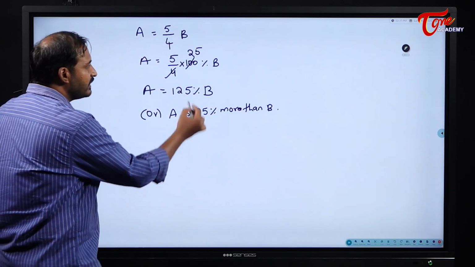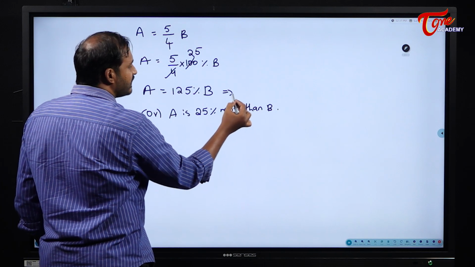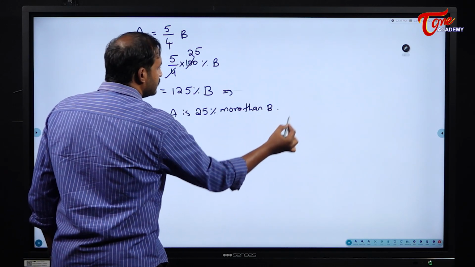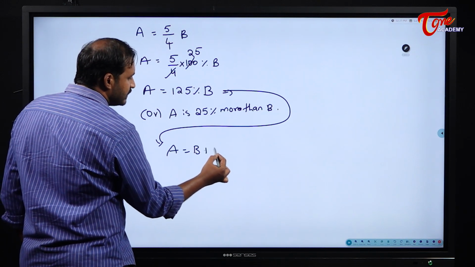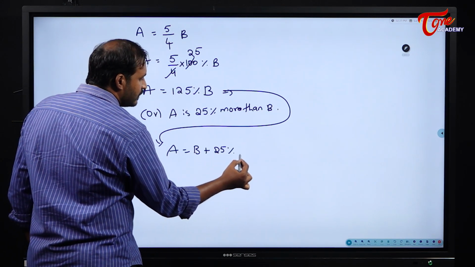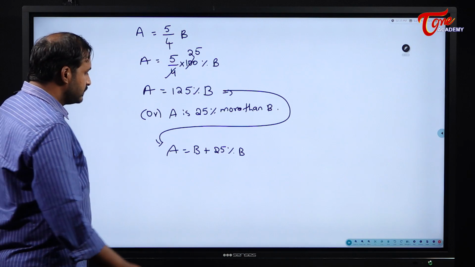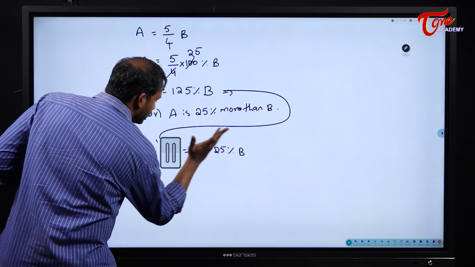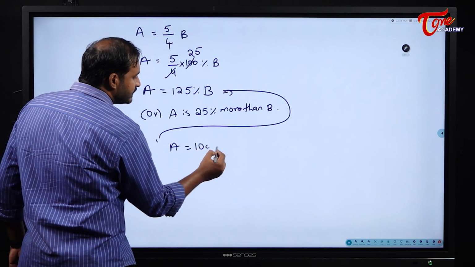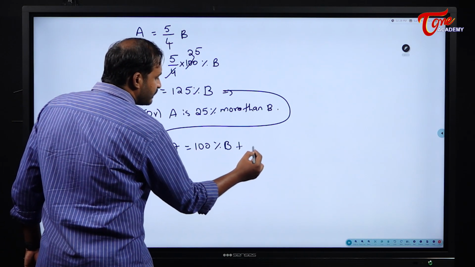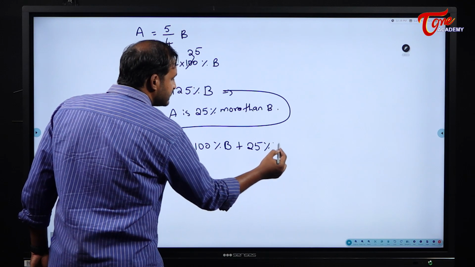Why? Because 125% of B, can I write it in this manner? A is equal to B plus 25% of B. How am I writing this? Please see here, I will write it in detail. A is equal to 100% of B plus 25% of B. Why?